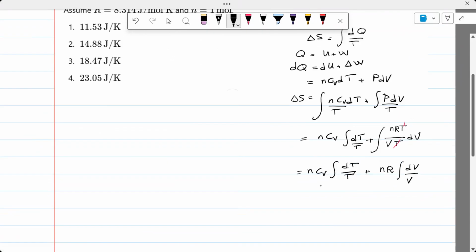We can now solve the integrals because everything inside is the same quantity, so we can integrate.